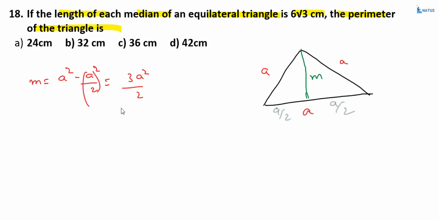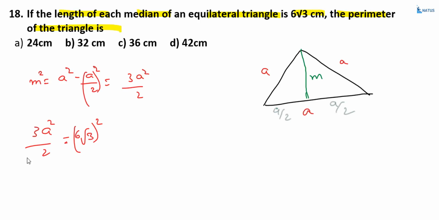Right? So, 3A square by 4 equal to 6 root 3, 3A square by 4 is equal to 6 root 3 whole square. Why? Because M square is equal to this one.